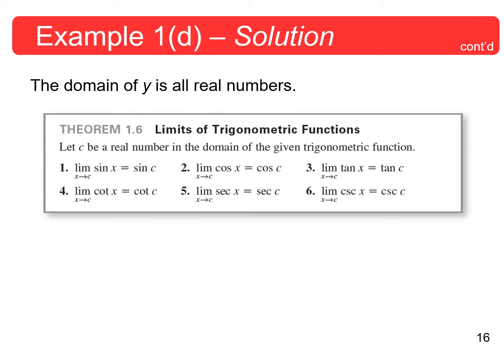Now for the last function, which is y equal to sine of x, the domain of y is the set of all real numbers. And also refer to this theorem 1.6 for the limits of trigonometric functions. As you can see here, we can just use the direct substitution method to evaluate the limit of a trigonometric function.